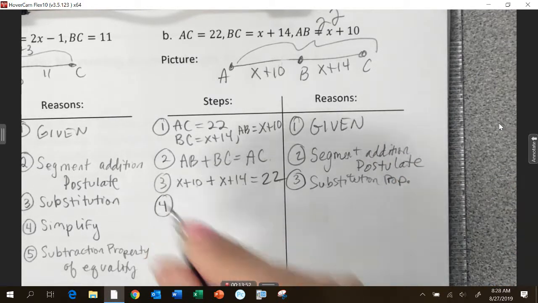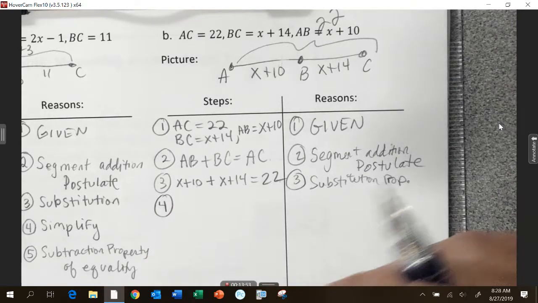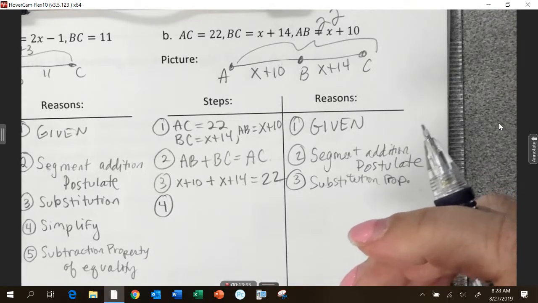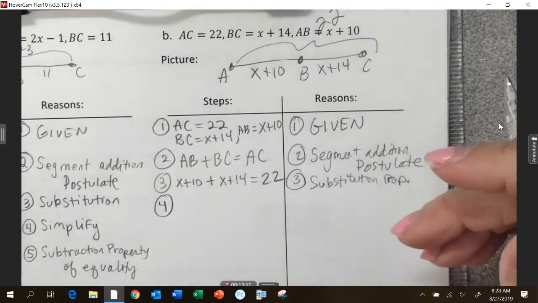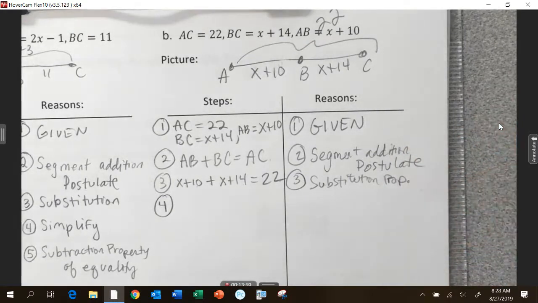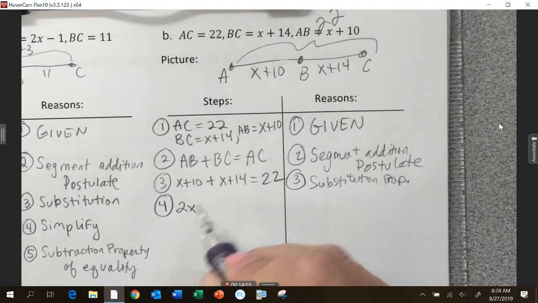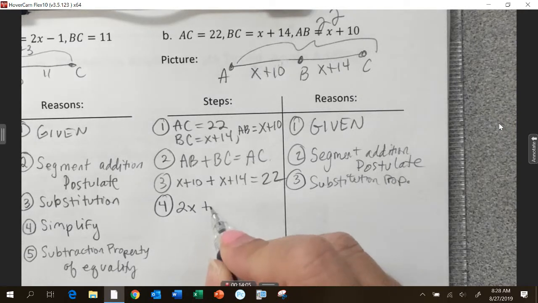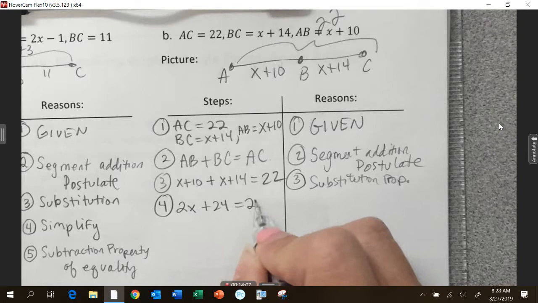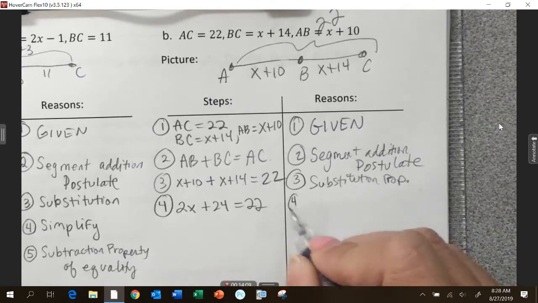Number 4. David, do you know what I would do for 4? Can you combine like terms? Yes. I'm going to combine my like terms. I'm going to add my two x's together and get 2x. I'm going to add my 10 and my 14 together and get 24 equals 22. You can write combine like terms. You can write simplify.